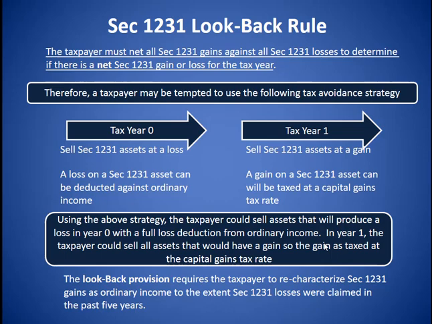So the look-back rule basically requires the taxpayer to recharacterize Section 1231 gains as ordinary income to the extent Section 1231 losses were claimed in the past 5 years. Now, let's see how this loss look-back rule works in the next slide.